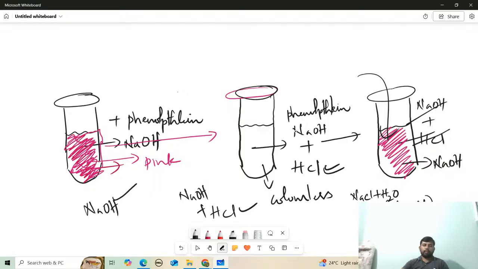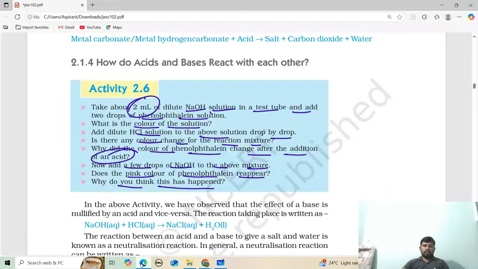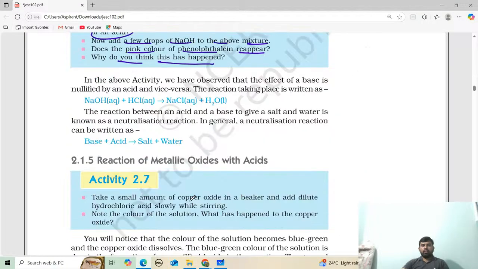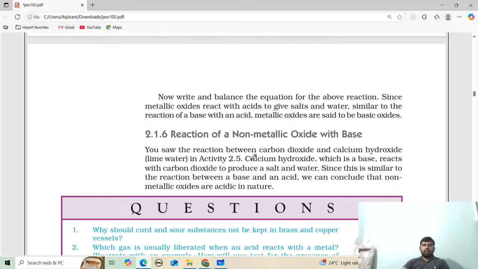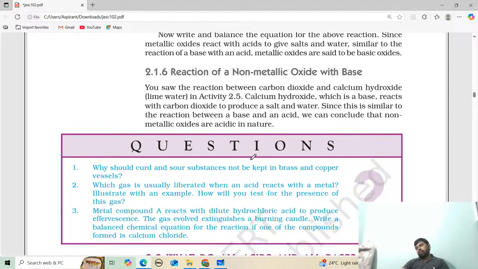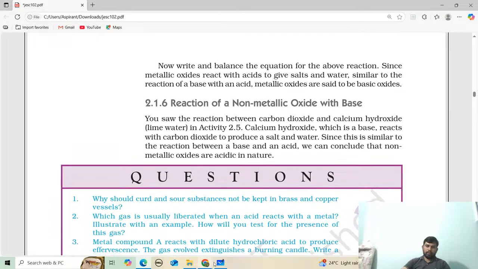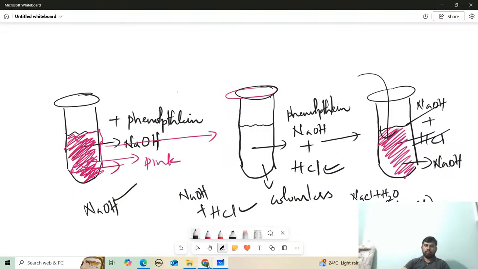Now come to the next concept. For the next concept, we have reaction of metallic oxide with acids, and reaction of non-metallic oxide with the bases. Okay, now let's discuss this one.